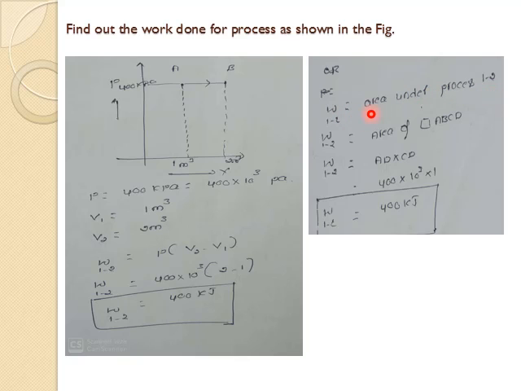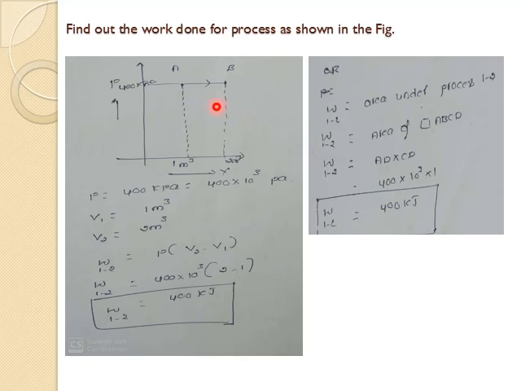Here the curve is A to B. If you calculate the area under this curve A to B, you will get the work done in the process A to B. From the figure we can tell that the area of the rectangle ABCD is equal to the work done in the process A to B.